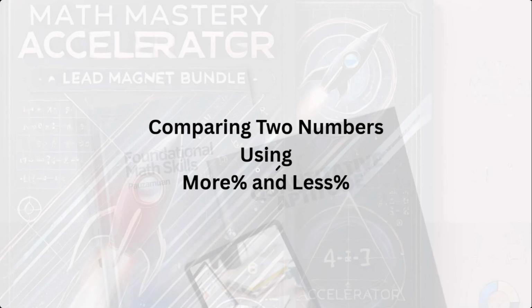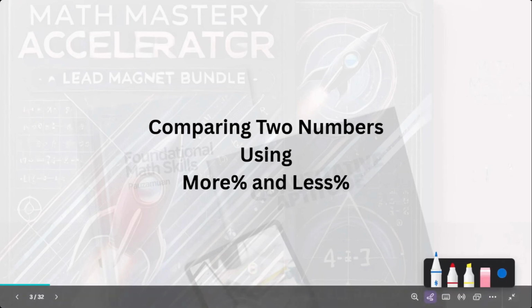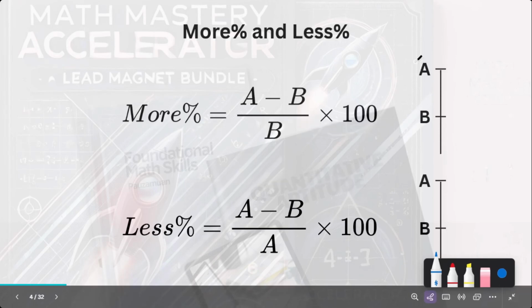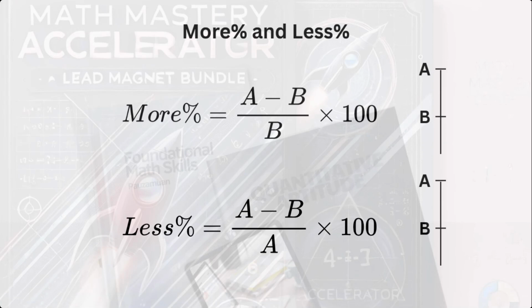Comparing two numbers using more person and less person. When we compare two numbers, write the bigger number on top of the smaller number.